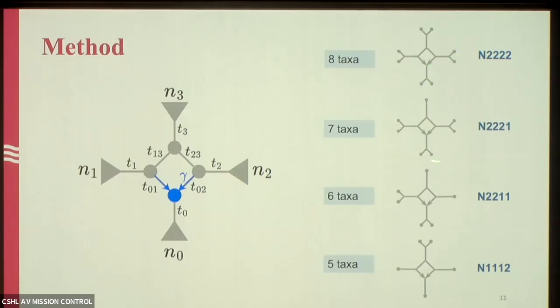For this network involving 7 taxa, we have 2 taxa in N0, N1, and N2, and only 1 taxon in N3. So we call this N2221. Similarly, here's an example of N2211 and N1112.